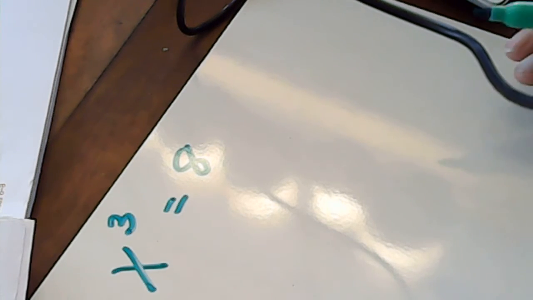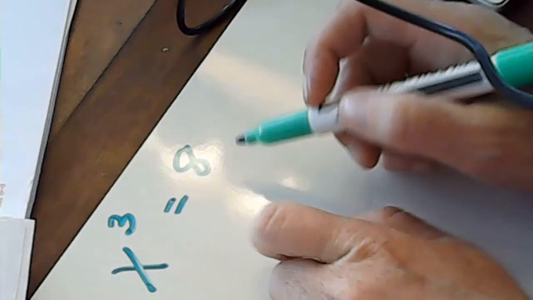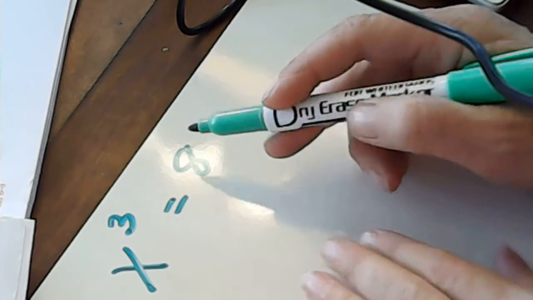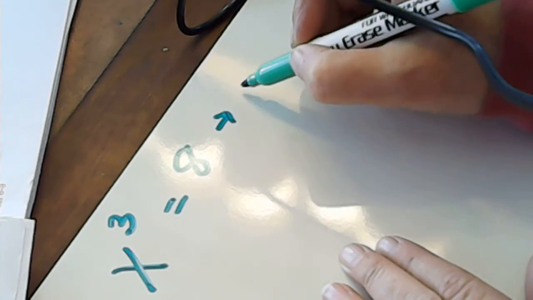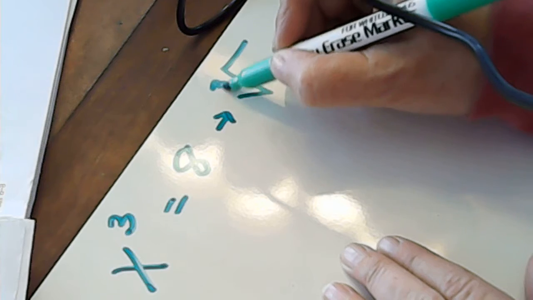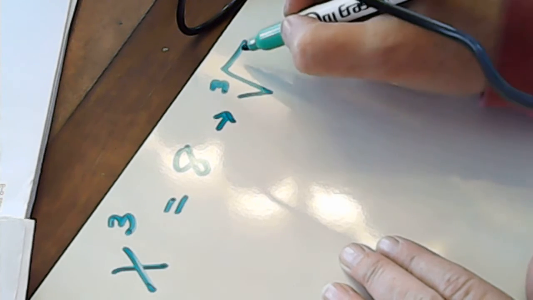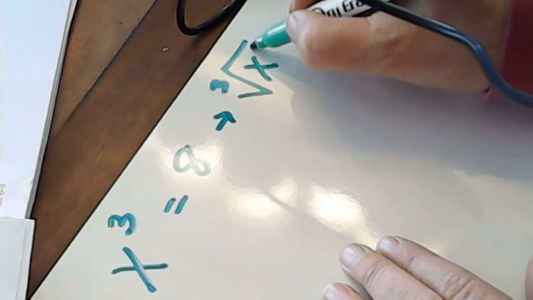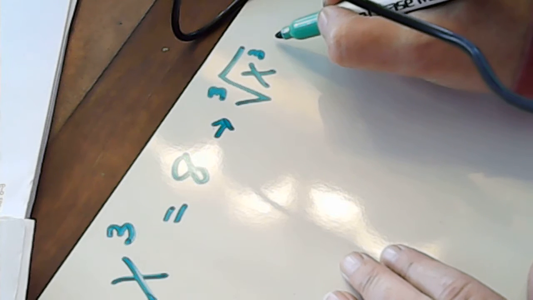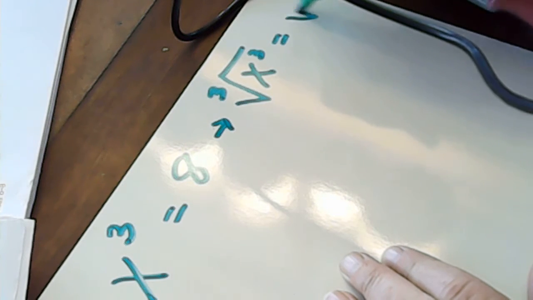Okay, so hopefully you've looked at it. You already know, we've been working on this several times, but as a process, I'm going to ask for the cube root of x to the third power equals the cube root of 8.